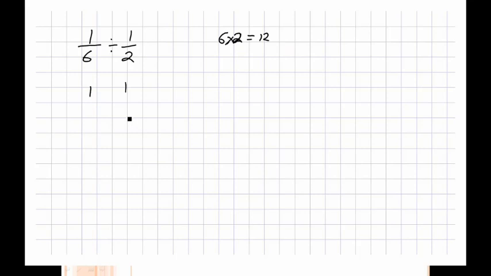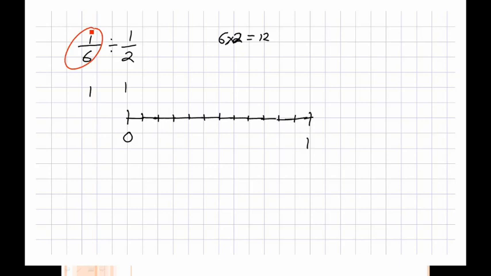Start at 0, and we end at 1. And this thing is broken up into 12 pieces. Where is my dividend located?